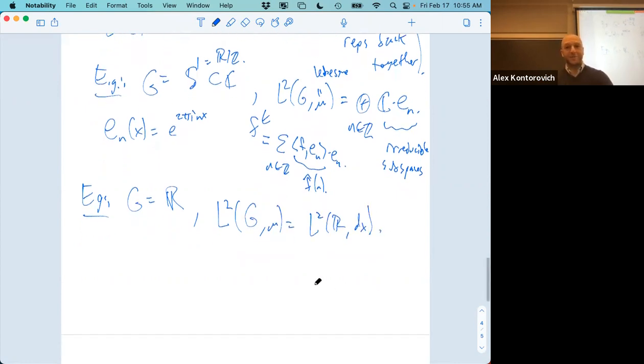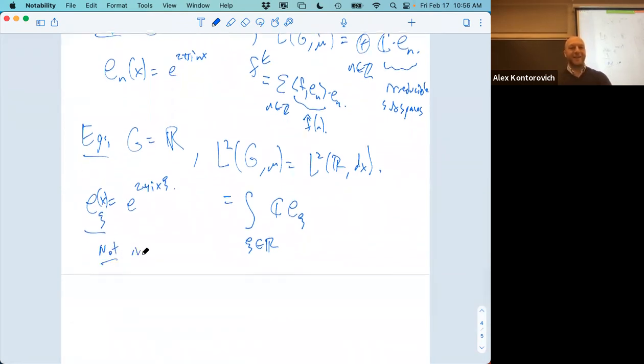How does this decompose? Well, this still decomposes, not into a direct sum, but a direct integral over xi in R of subspaces spanned by e_xi, where e_xi of x is e to the 2 pi i x xi. Now, these functions are obviously not in L2, not in our vector space.